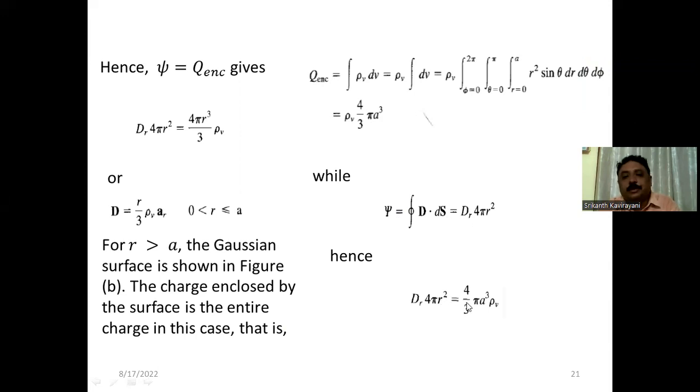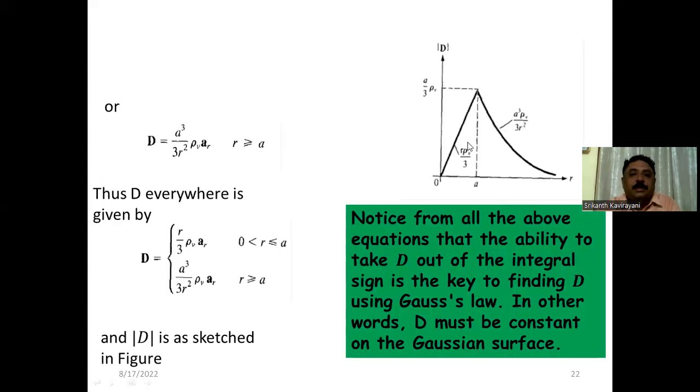Hence Dr 4 pi r square equals 4 by 3 pi a cube rho v. And evaluating this expression, we end up getting D equal to r by 3 rho v ar for 0 less than r less than a, and a cube by 3 r square rho v ar for r greater than a. And this is a sketch that we can see for the variation of D versus r.